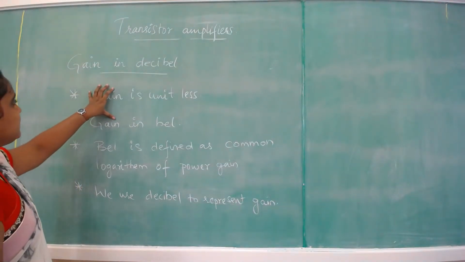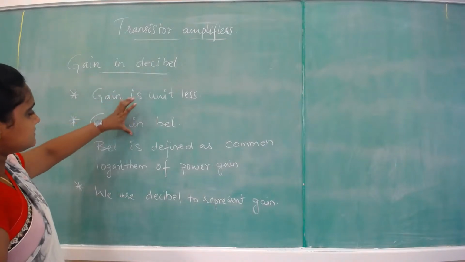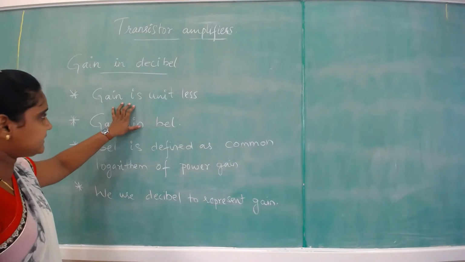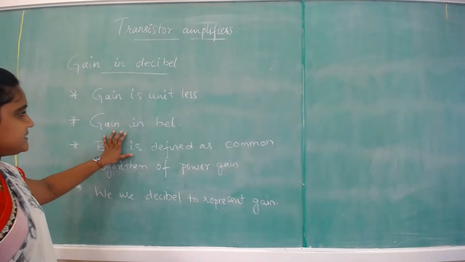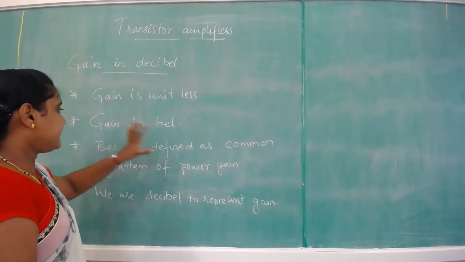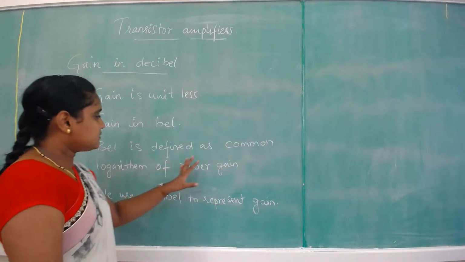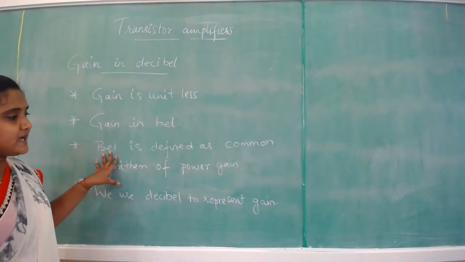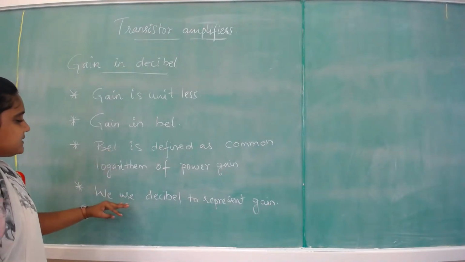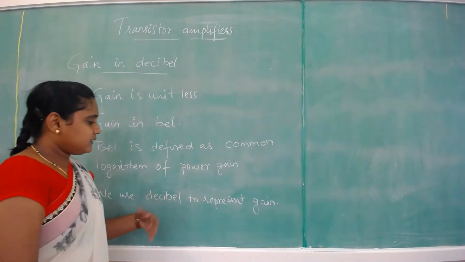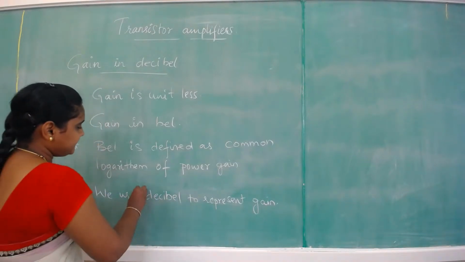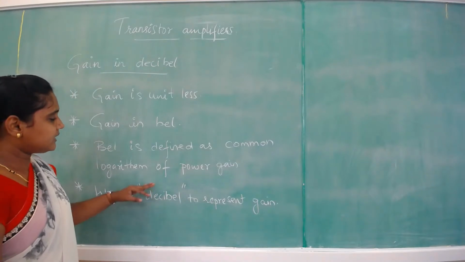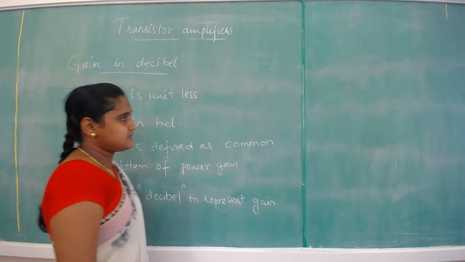So, about the gain in decibels, we need to remember these things, that gain is first of all a unitless quantity. That's why we are representing the gain in terms of bel, and bel is defined as the common logarithm of the power gain. But bel is a very large quantity. So, in practice, we go with the unit decibel. So whenever we are going to represent the gain, we are going to represent it in terms of decibel.